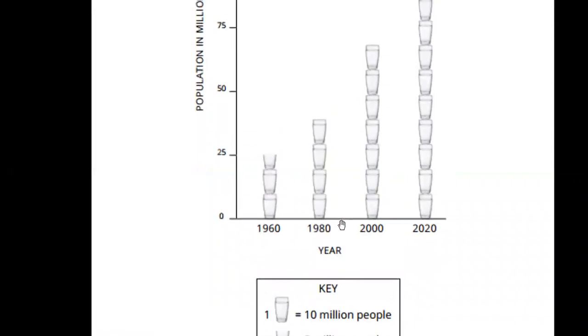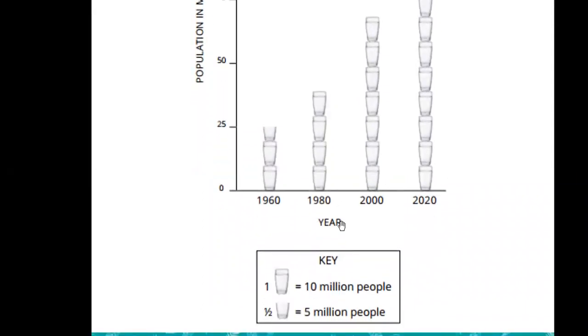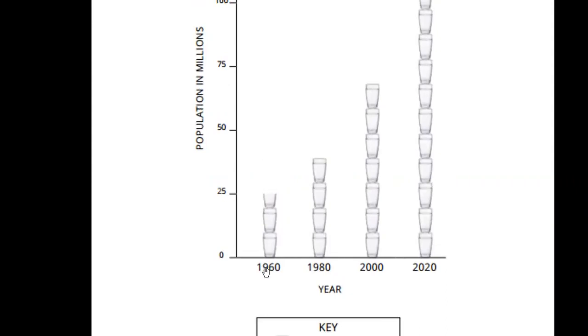Let's go back to the chart. In year 1960, the population is 2.5 glasses of water. 2.5 glasses of water, so this equals 25 million people. In 1980, there are 1, 2, 3, 4 glasses of water, which represent about 40 million people.